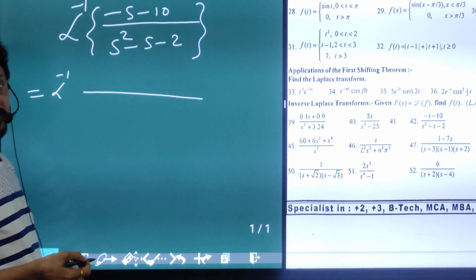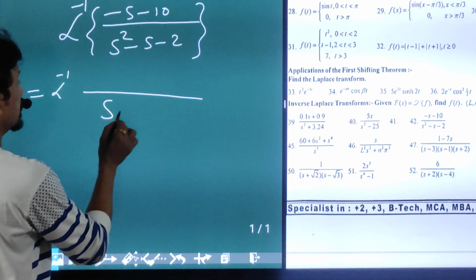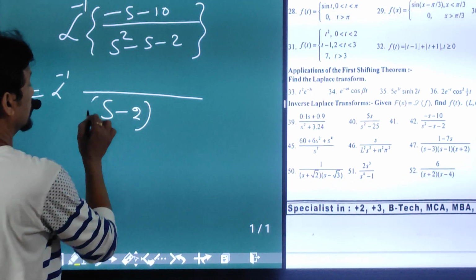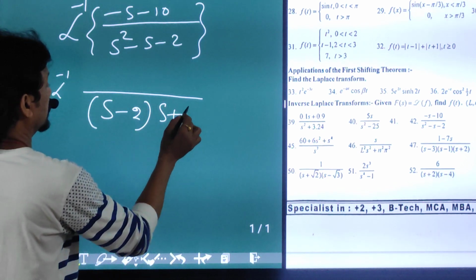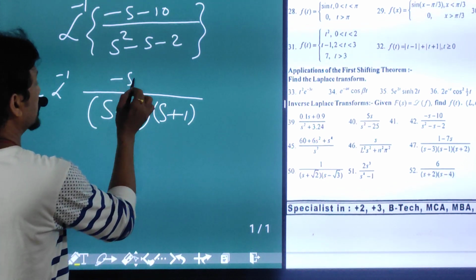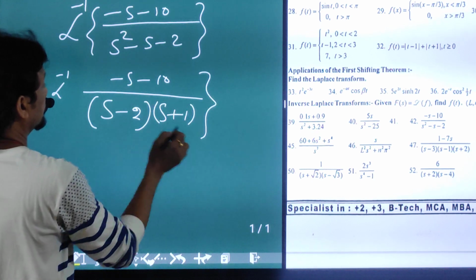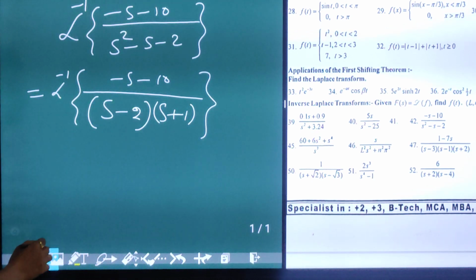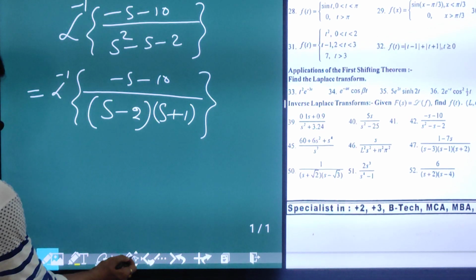Factorize the denominator. It is s minus 2 into s plus 1, minus s minus 10. Then you have to do the partial fraction. And let us see how I am doing the partial fraction.